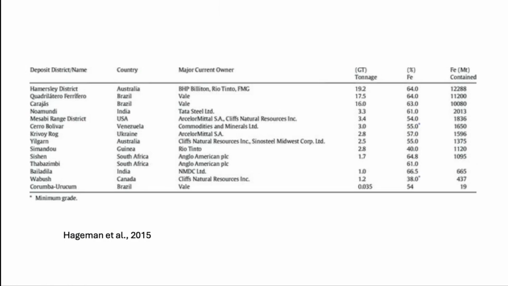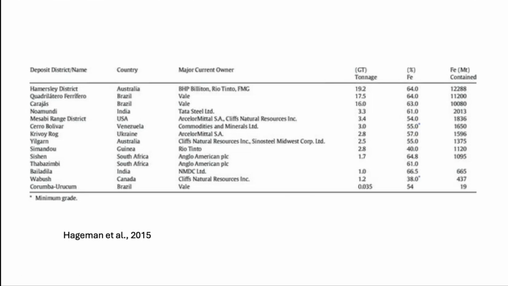So you can see that the Hammersley district is huge. And then these two districts in Brazil are also very important, and things sort of pale behind that. The USA's is in the Mesabi range in Minnesota. That was very important in the early years of the United States.